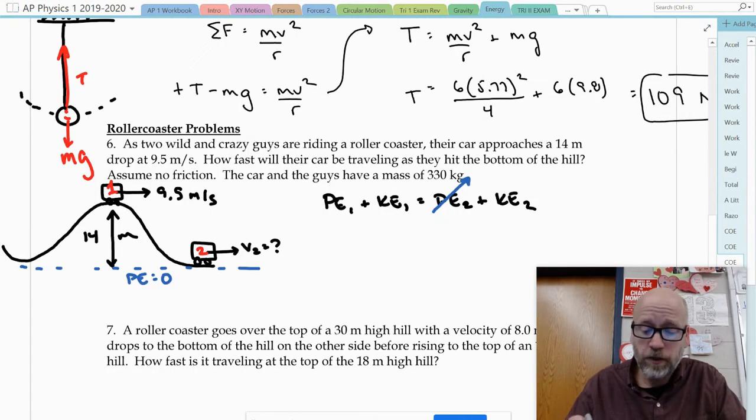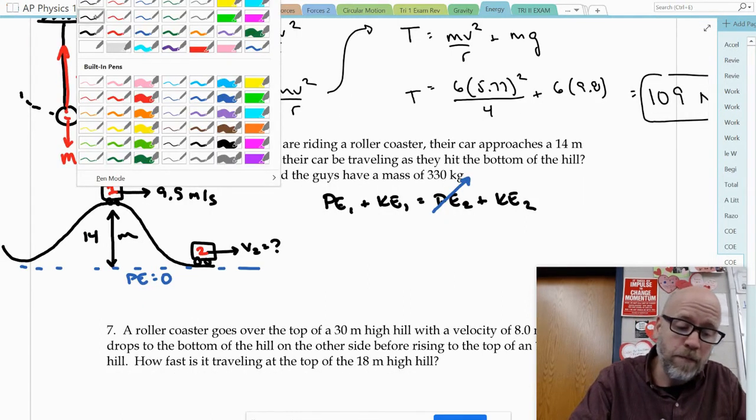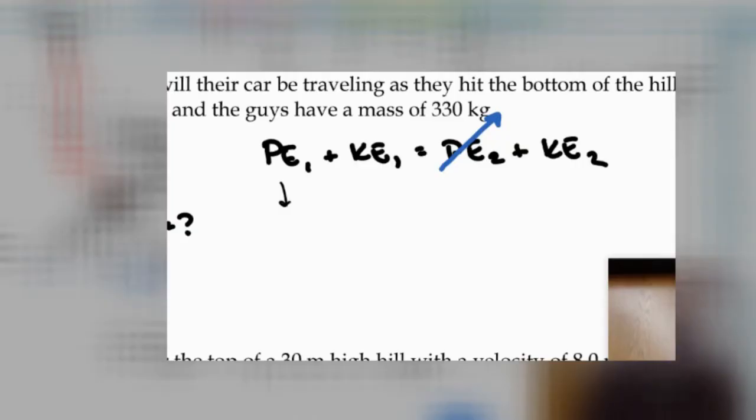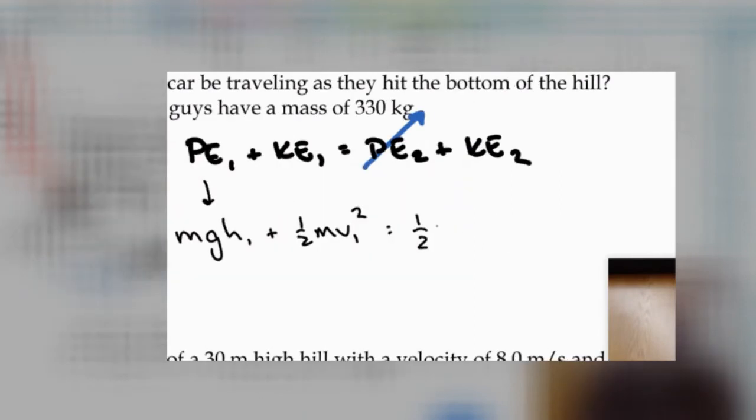So now let's substitute in. And I make this look so easy, because it is, but it's just 2 formulas. Let's go. mgh1 plus 1 half mv1 squared equals 1 half mv2 squared.